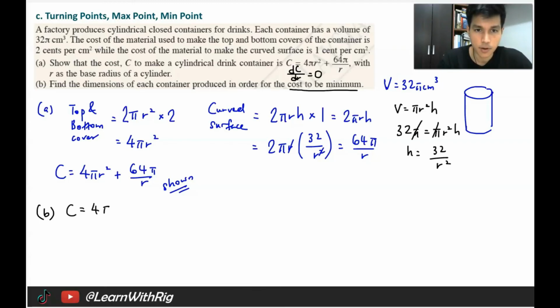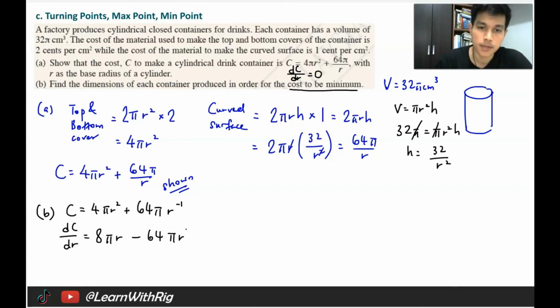C is 4 pi r square plus 64 pi r negative 1. I'm going to bring the r upward so that it's easier for me to differentiate. So dC/dr equals 8 pi r minus 64 pi r becomes negative 2. This one should be equal to 0, right?